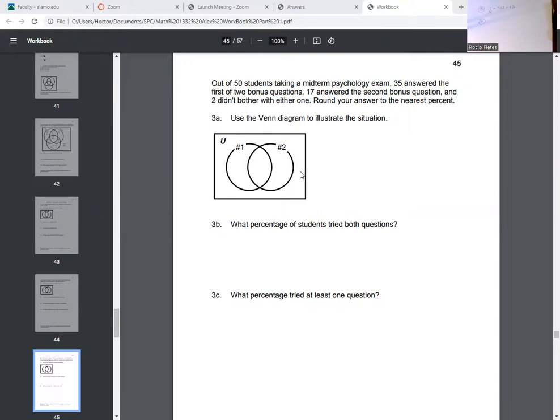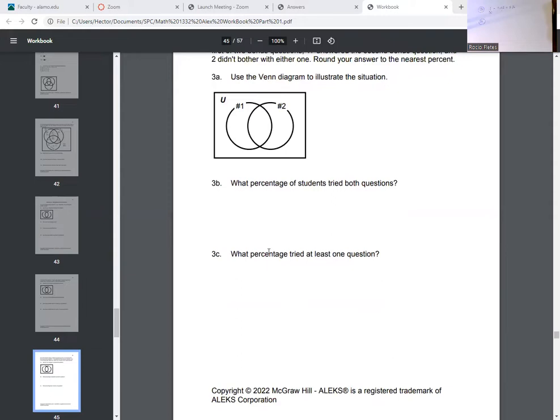Another way you can answer this question is by looking at how many people did not answer at least one, which was 2, right? And so that's 2 out of 50. And so the remaining part will be the part that actually answered at least one question. So I'm going to show you both ways.